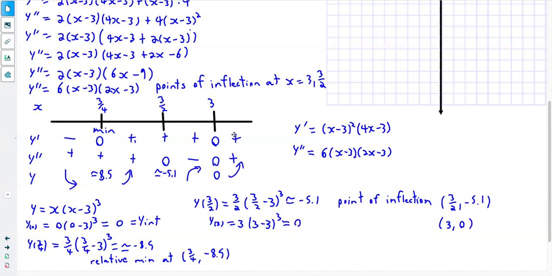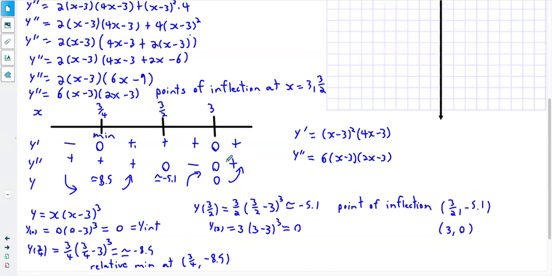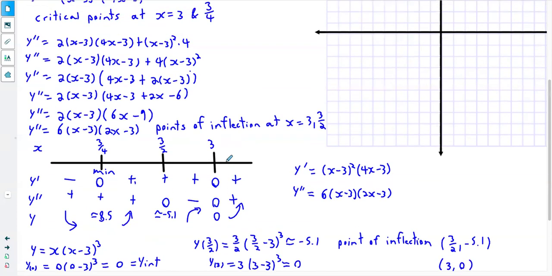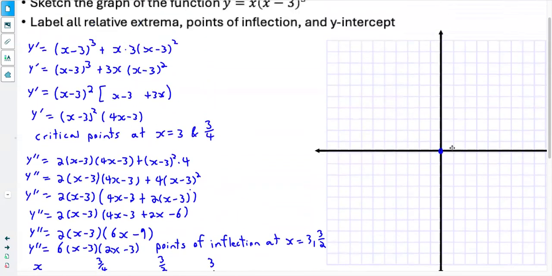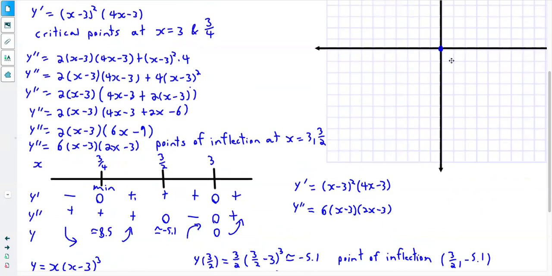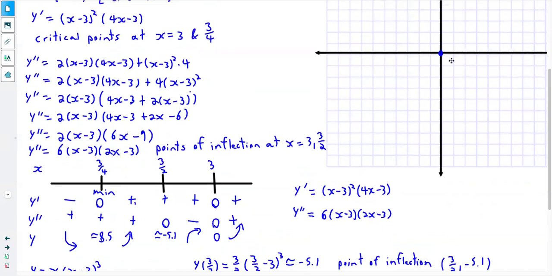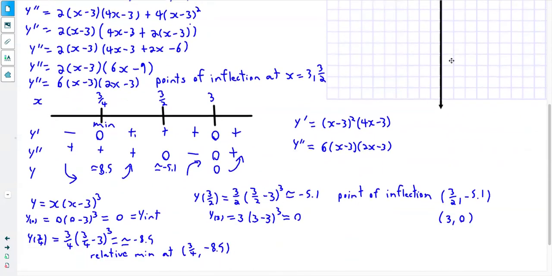So we're going to plot all of our points now. So we had a y-intercept at 0. Then at 3/4, we were at, or sorry, that was at negative 8.5, not positive 8.5.